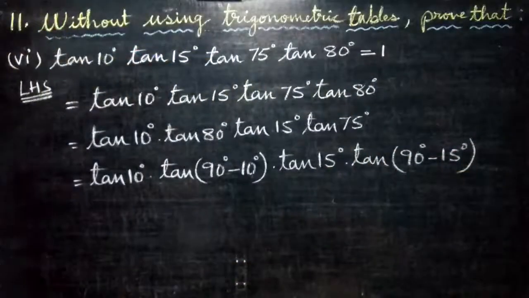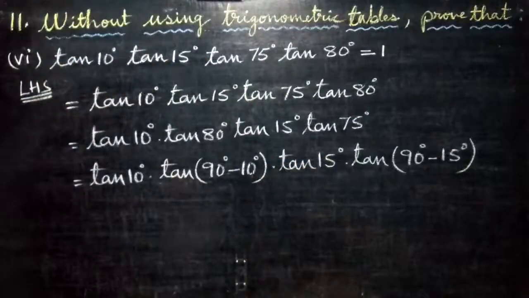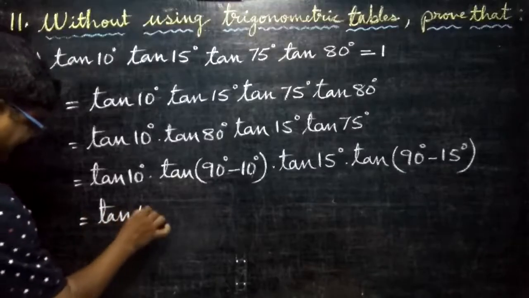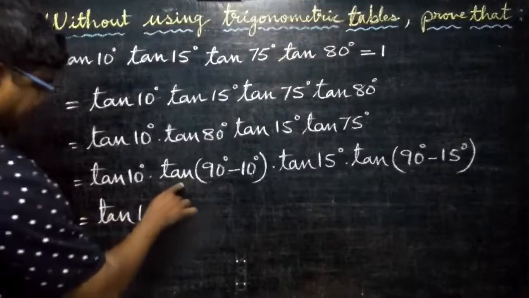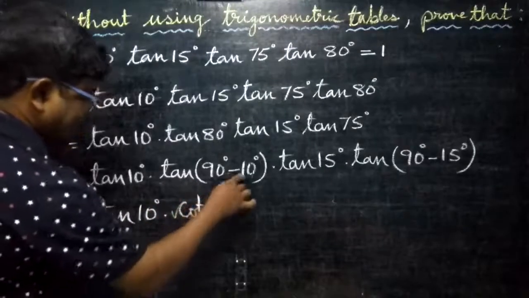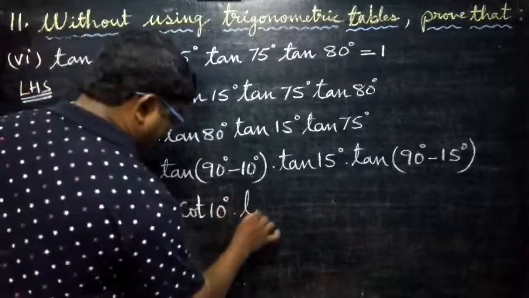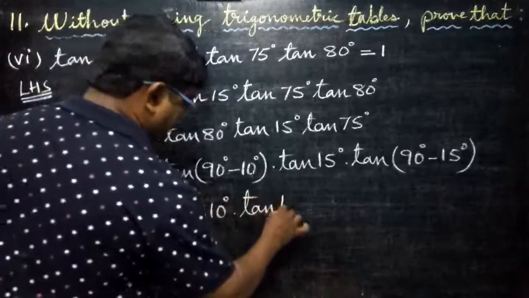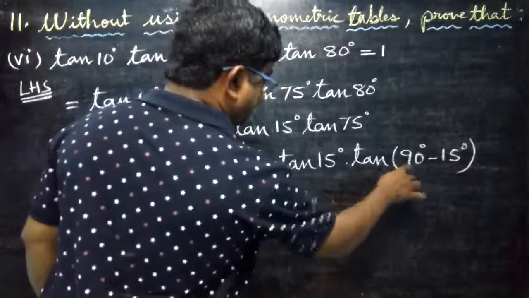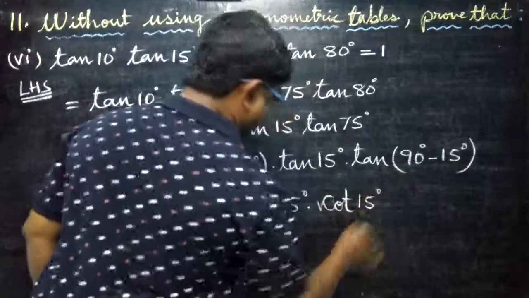Cross check. Dot indicates multiplication. If you don't write the dot, also no problem. That is equal to tan 10 degrees into tan of 90 minus 10 becomes cot 10 degrees, next into tan 15 degrees as it is into tan of 90 minus 15 becomes cot 15 degrees.